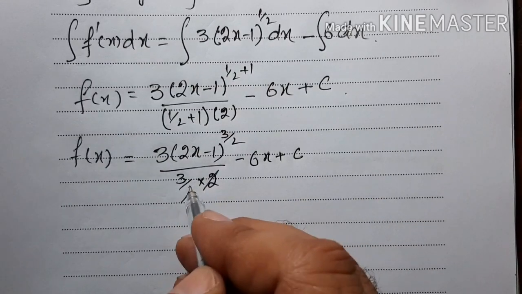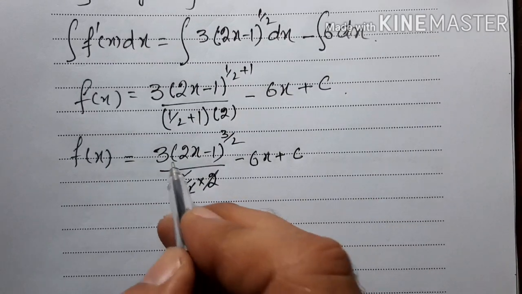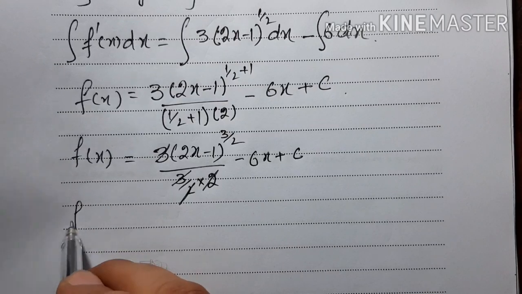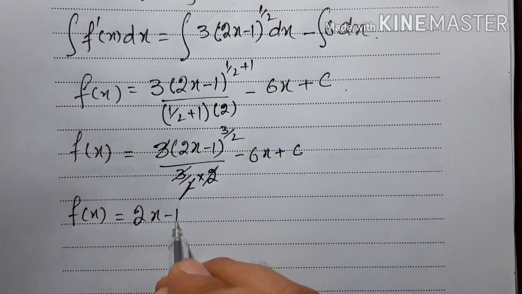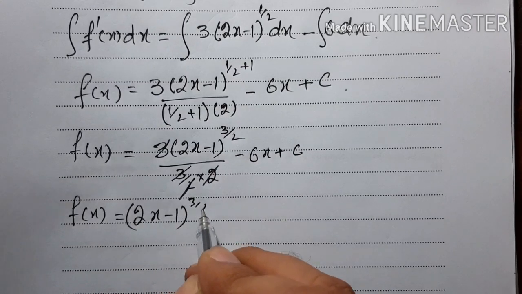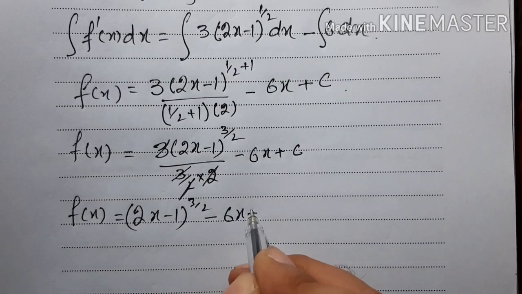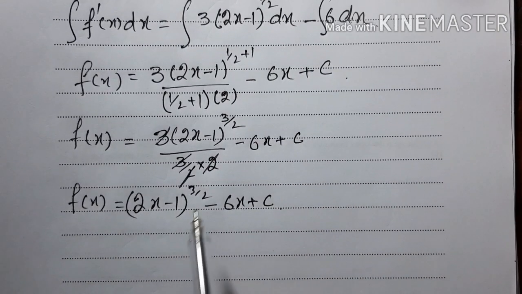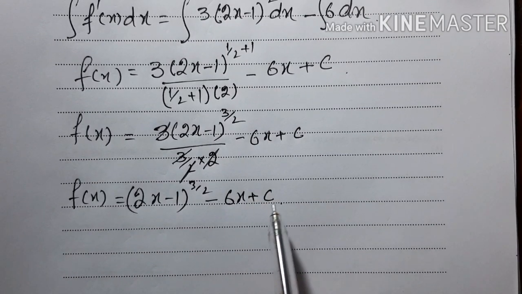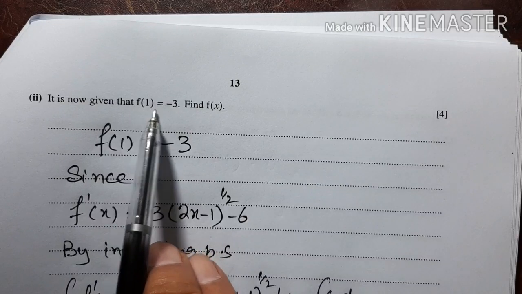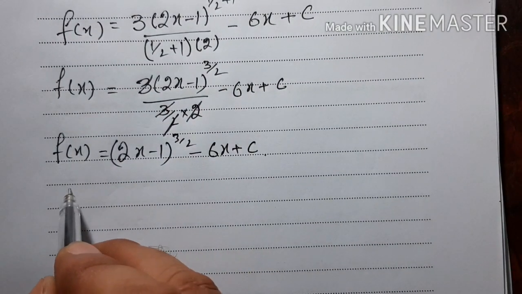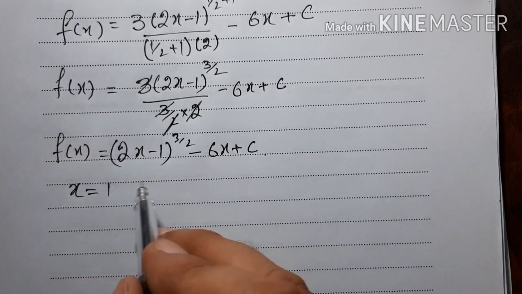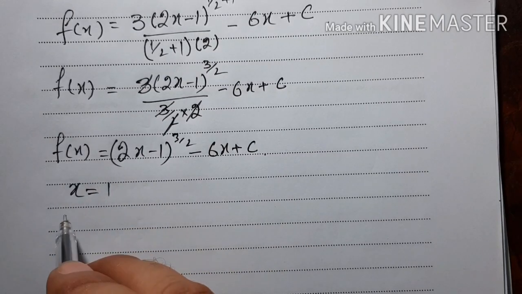So this 2 will cancel with this one, this 3 will cancel with this one. So fx will be 2x minus 1 power 3 by 2 minus 6x plus c. Now I need to find the value of c here. So I got f1 is minus 3, so I'll put x equal to 1 here so that I can get f1.